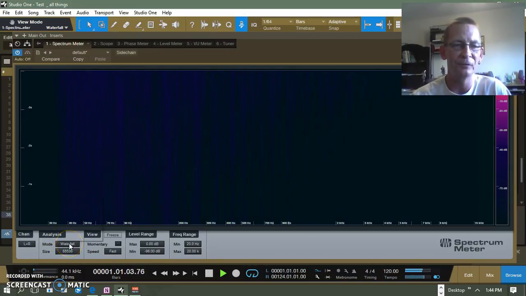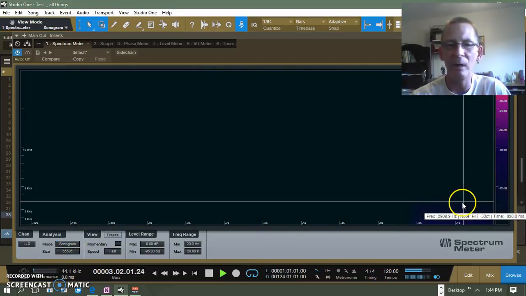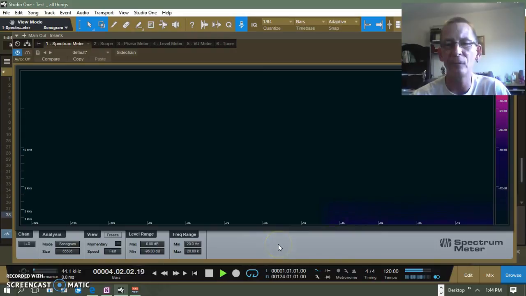But all these different functions of this piece of software, for analyzing this, sonograms, waterfalls, all kinds of things, for analyzing what's going on and all the buttons that are associated, really understand what they're doing and what you're looking at. It's really easy to use all these tools. Start with a sinusoid, with your tone generator, and produce a sinusoid.